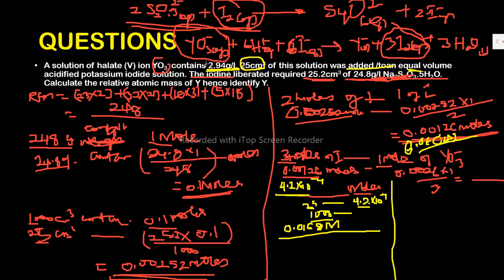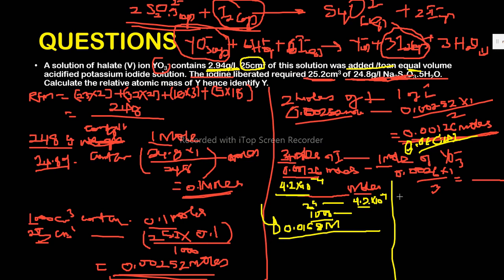But you dissolved the 2.94 grams in 1 liter. So what does that show you? The 2.94 grams have how many moles? 0.0168 moles. That's brilliant.